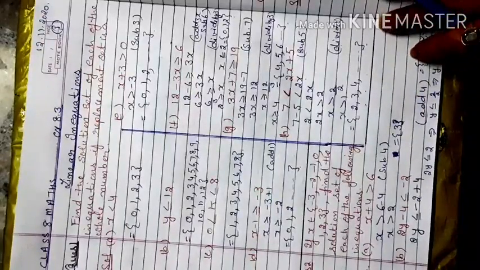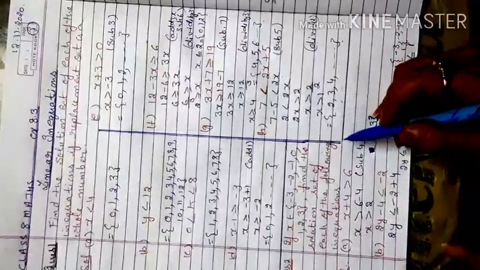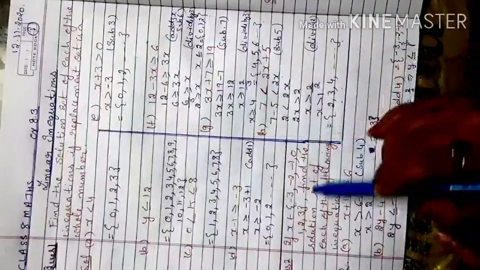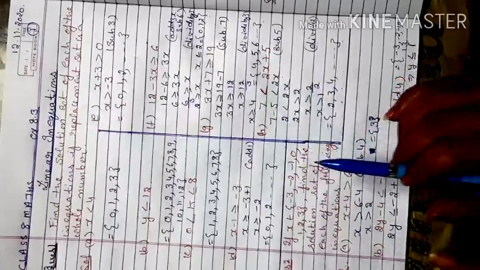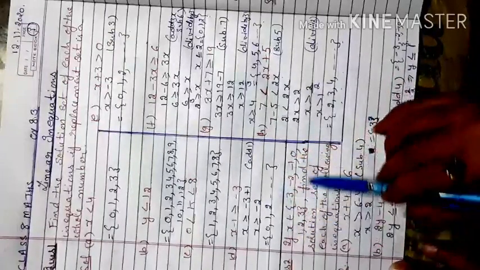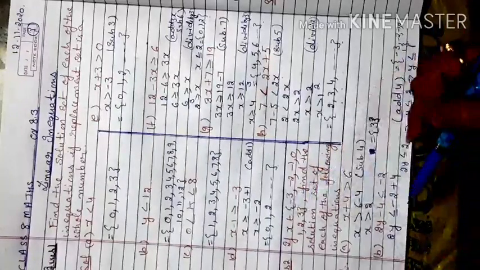Now if you have, like in your question number 2, a particular universal set given to you, that is minus 3, minus 2, minus 1, 0, 1, 2, 3, so that means now my universal set is only this one, and I have to find the solution set from this set.